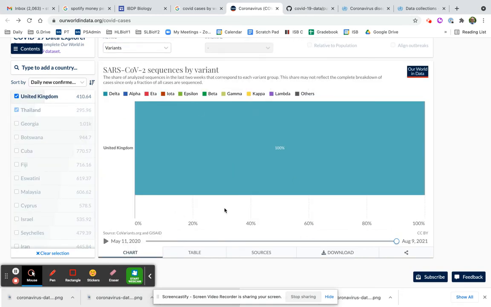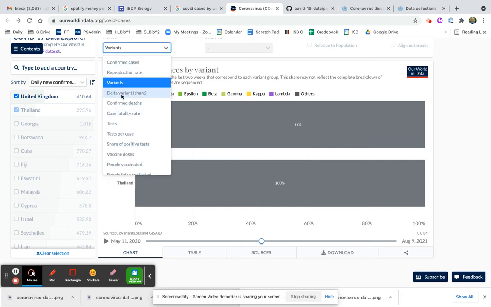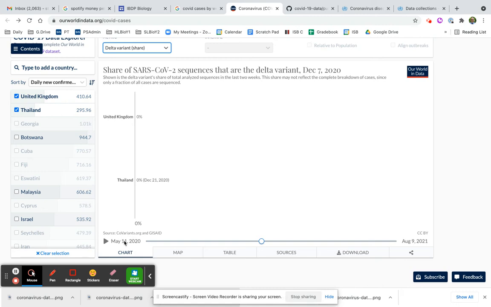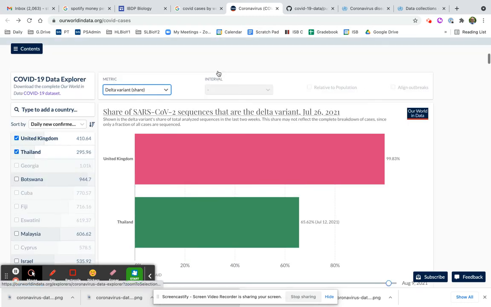This is a little bit different in the sense you've got to go back to different times to see what the most common variant was. Might be interesting. Here's one with the Delta variant. Again, interesting over time. Might be something interesting there.